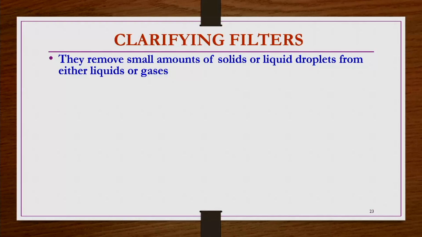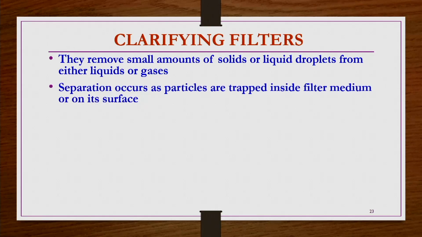So, clarifying filters remove small amounts of solids or liquid droplets from either liquids or gases. Okay. So, usually they are used when only a few traces or a small amount of solids are present in the liquid or gases, then only in general we use these clarifying filters.